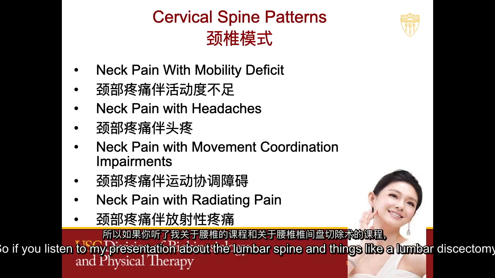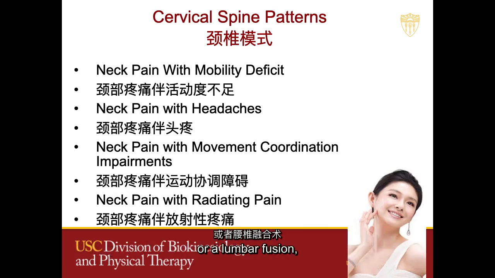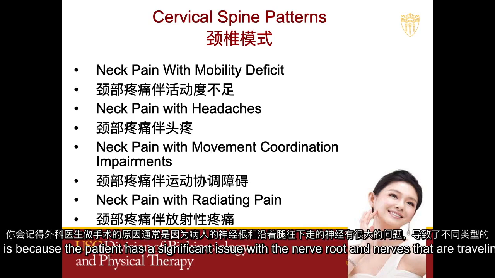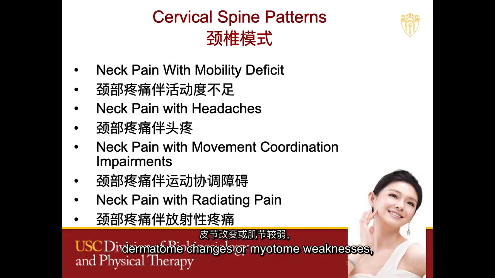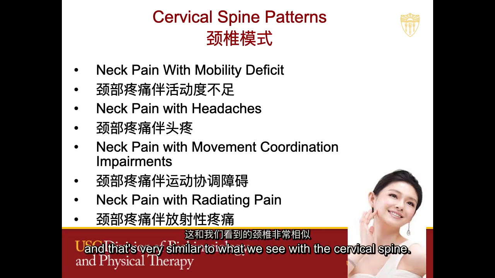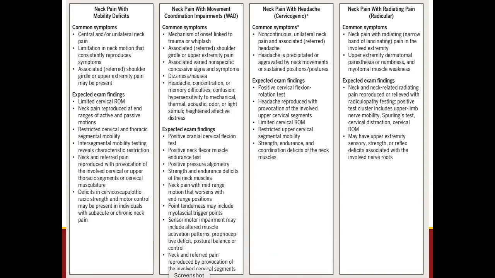So if you listen to my presentation about the lumbar spine and things like a lumbar discectomy or a lumbar fusion, you'll remember that oftentimes the reason that surgeons do surgery is because the patient has a significant issue with the nerve root and nerves that are traveling down the leg and causing different types of dermatomal changes or myotomal weaknesses. And that's very similar to what we see with the cervical spine.